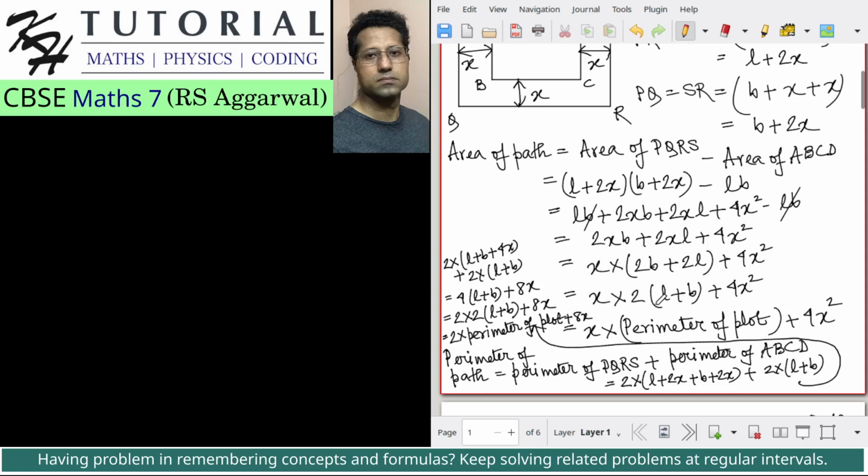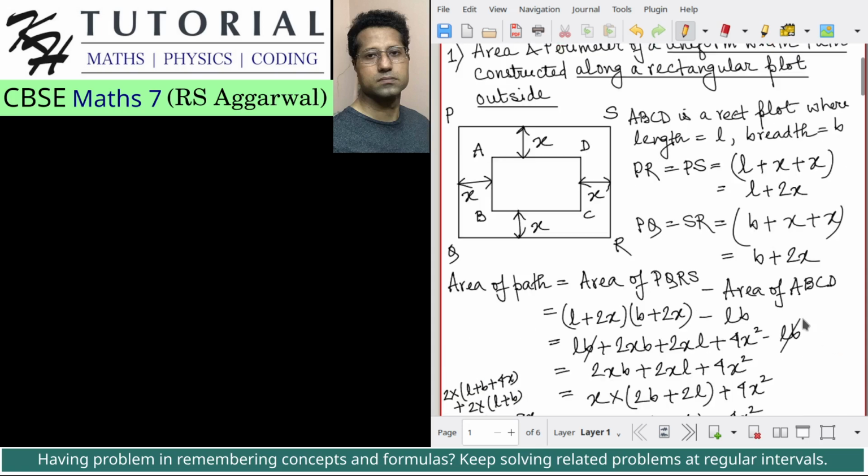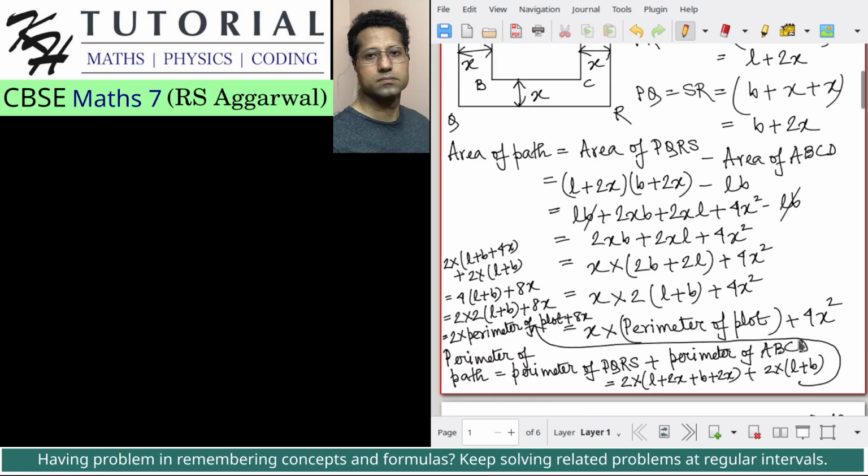So you can consider this as x multiplied by perimeter of the plot plus 4x square. So this was the area of the path, and the perimeter of the path is 2 into perimeter of plot plus 8x.